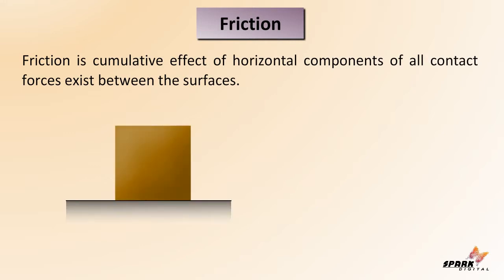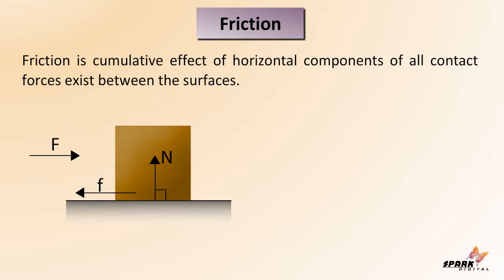When a body is placed on the ground, friction will not act, as all the horizontal components cancel each other. If an external force is applied to the body, then the frictional force opposes the tendency of motion or motion, whereas the normal reaction always acts in the perpendicular direction.